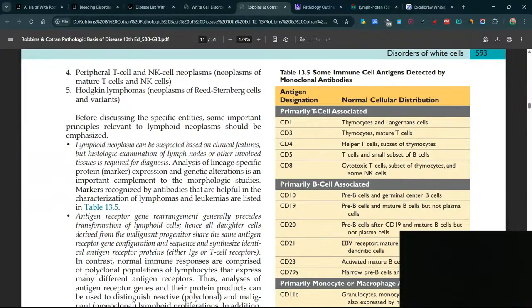There is histologic examination, looking at the actual tissue structure, and also protein markers. We use special antibodies to see what proteins are on the surface of the cell.